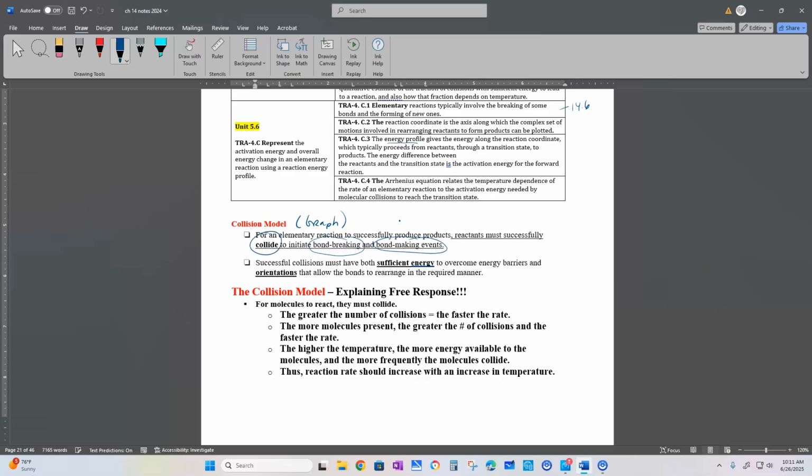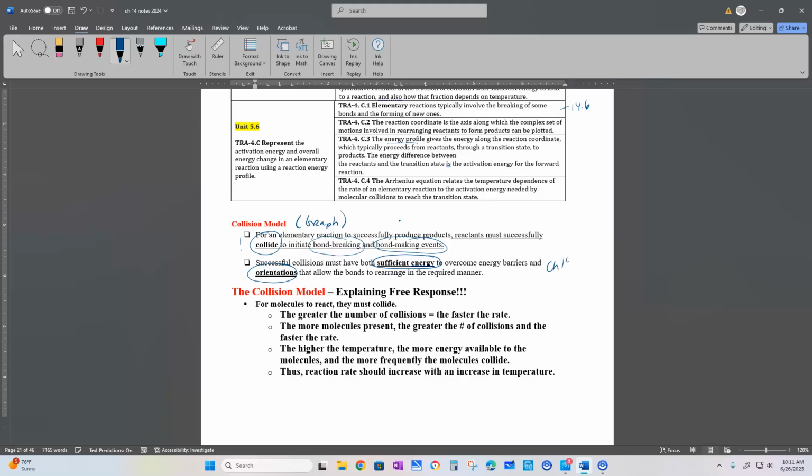You got to have collisions. It's always collisions. Successful collisions must have enough energy to overcome the energy barriers and orientations that allow the bonds to arrange in the required manner.